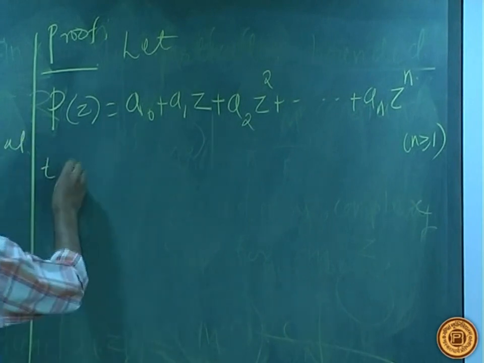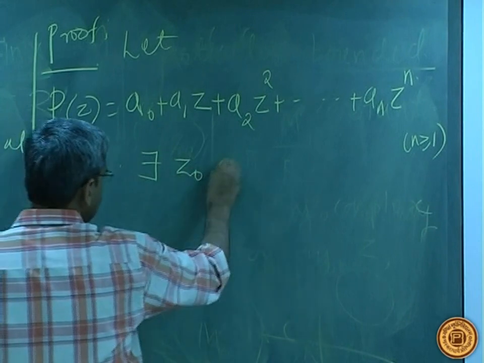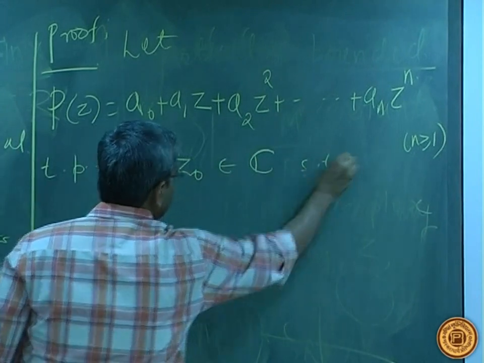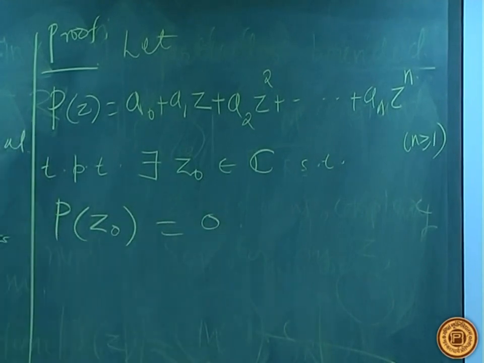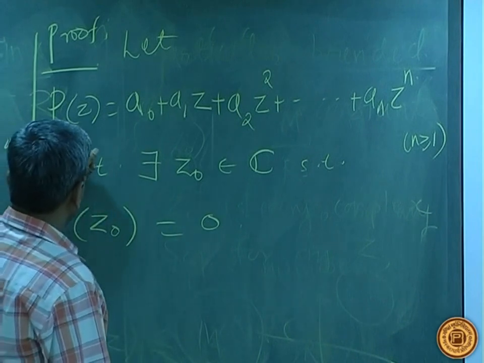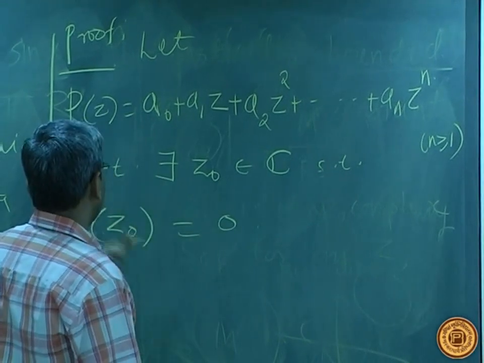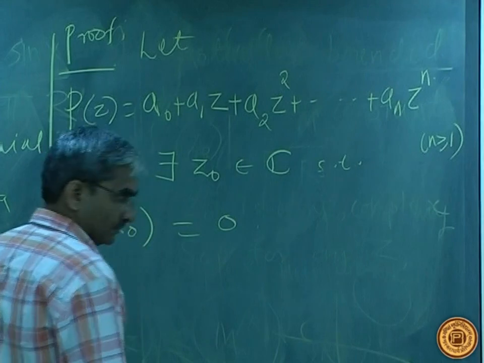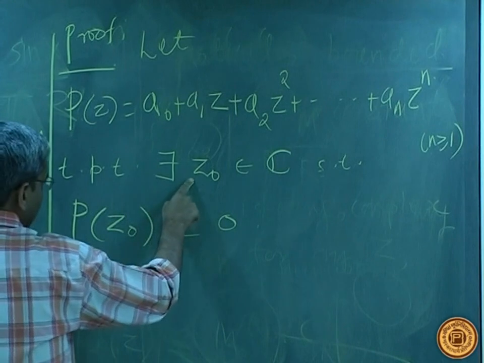So to prove that, there exists z0 in C such that P(z0) is equal to 0. That amounts to proving that this polynomial has a root z0, and this is any polynomial. So for every polynomial there will be some number at which it is 0.